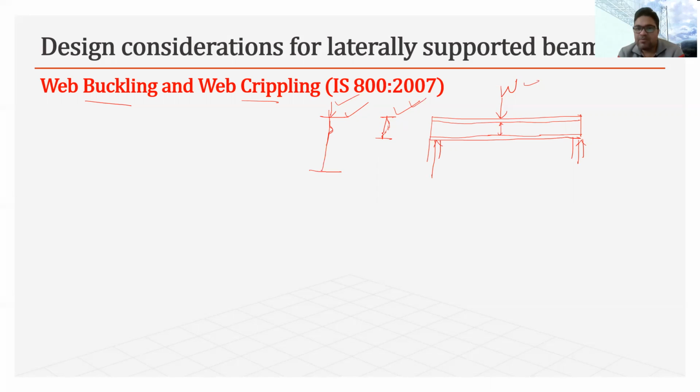You can see this web is buckling. What is happening is that we can assume this vertical part of the beam as a small strut, and because of this vertical load, it is buckling like this. Now we will look into this in more detail, how it occurs, and how we check the strength of the beam under web buckling and web crippling.